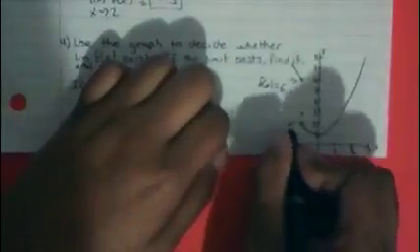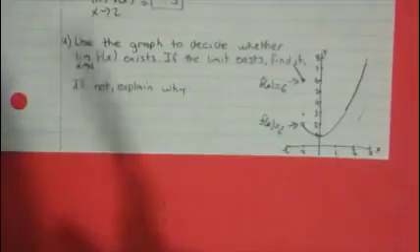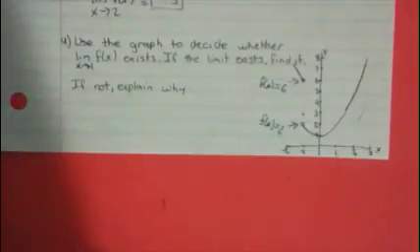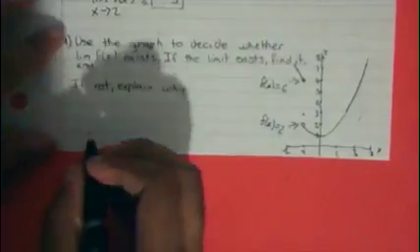This one ends up at f of x at 6, and this one ends up being 2, and so they don't match, so there's no limit, and there's a jump discontinuity, so the limit does not exist.